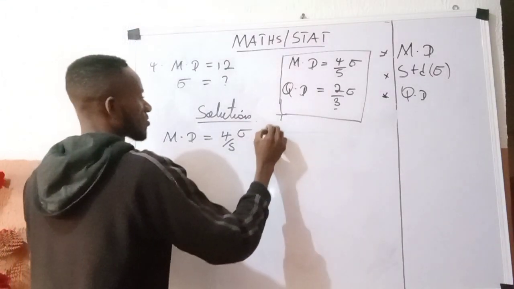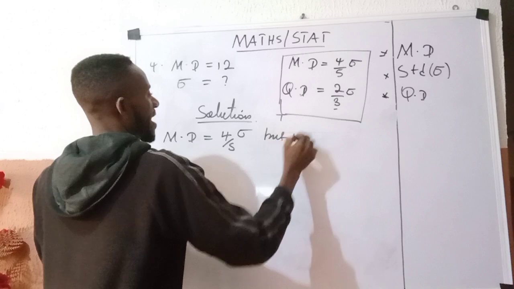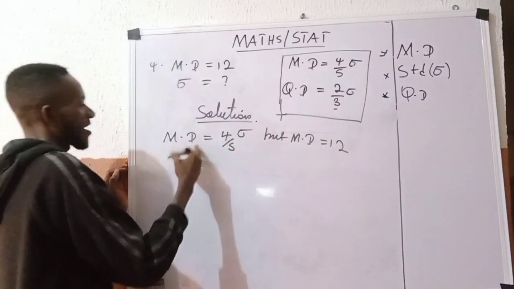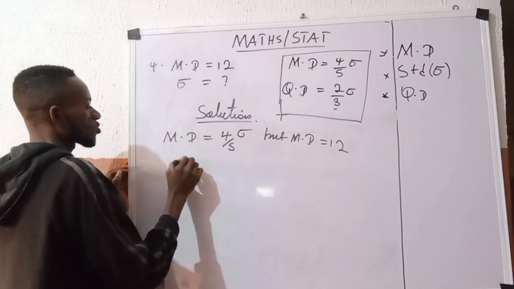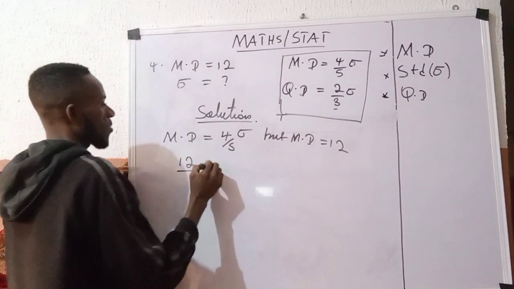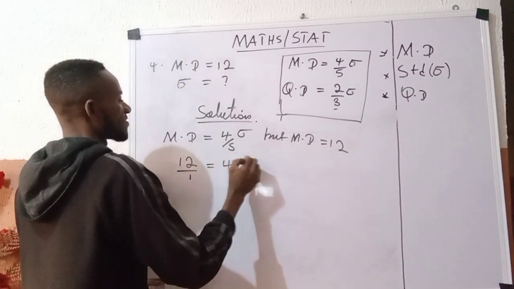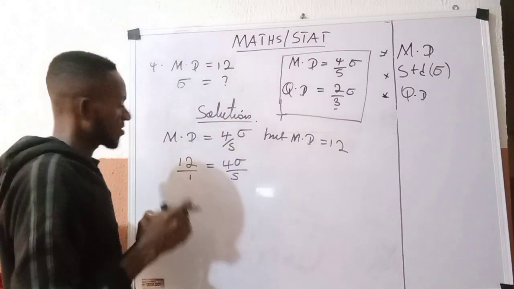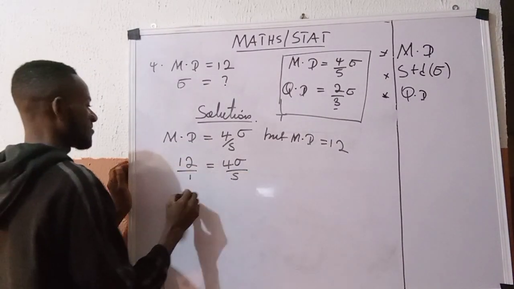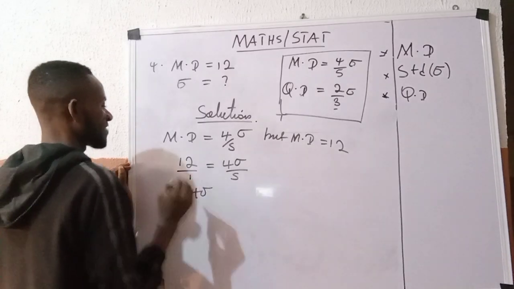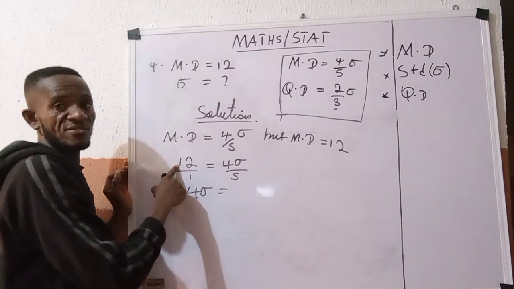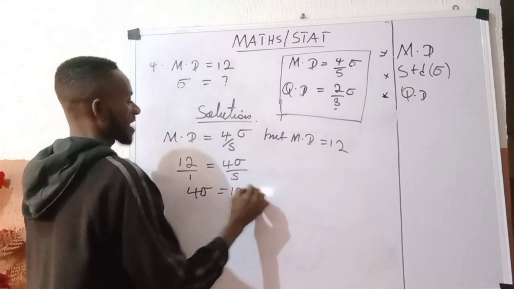But my M.D. equals 12, so in place of M.D. I will say 12, for convenience all over 1, is given as 4 sigma all over 5. So I will cross multiply. 1 will times this. I will now have that 4 sigma is given as this times this, so I have 12 times 5.